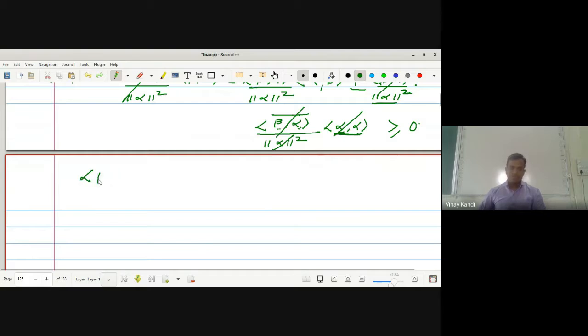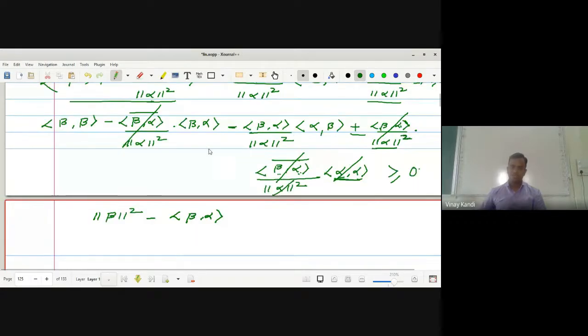Inner product of beta with beta is equal to norm of beta square, minus inner product of beta alpha, this quantity, into inner product of alpha beta. Instead of alpha beta, write down here beta alpha bar divided by norm alpha square. This value is greater than or equal to 0.